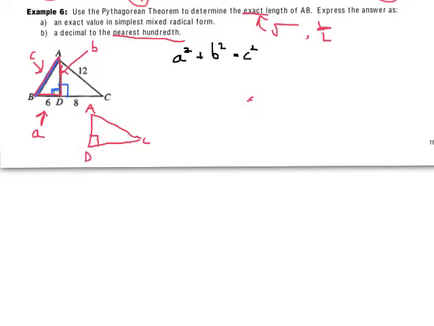And this length is 8, and this length is 12. Okay, let me do that a little bit better here. There we go, that's more of a right triangle.